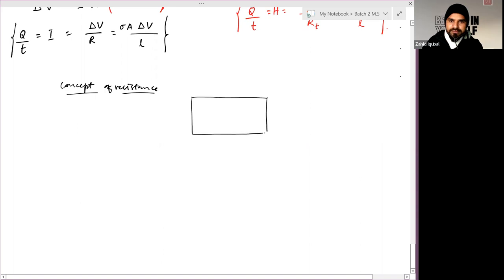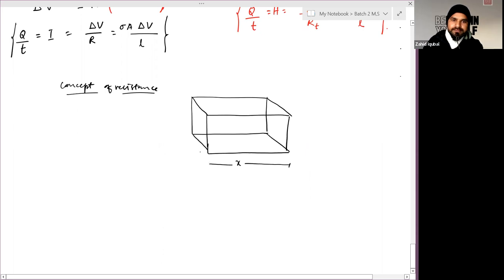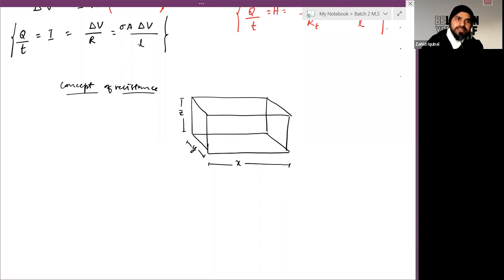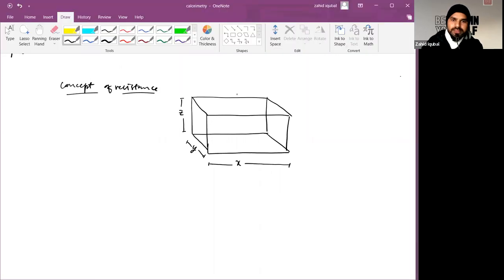Suppose you have a conductor having this dimension as X, this as Y, and this as Z. Now suppose current is flowing across this end.